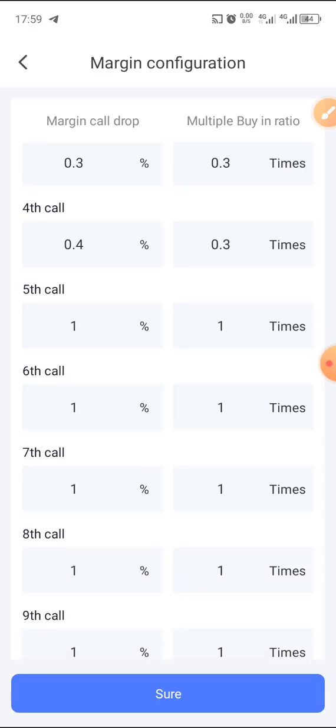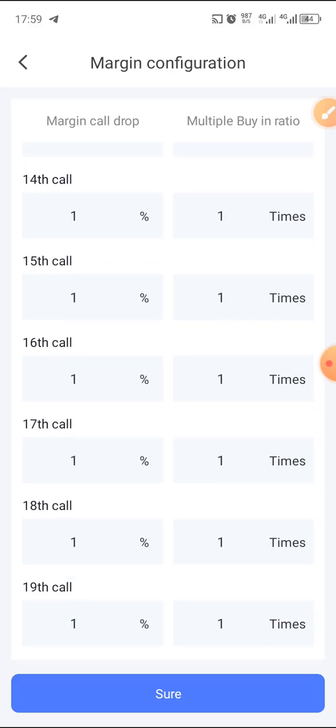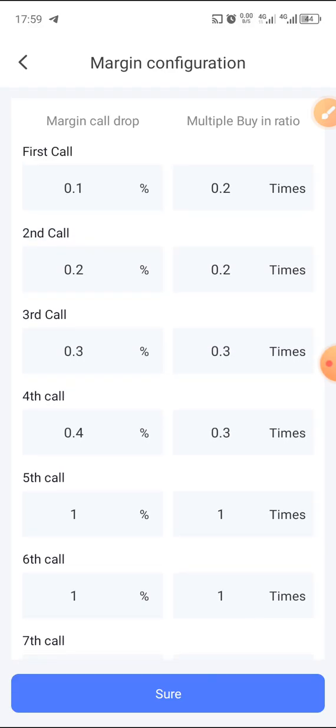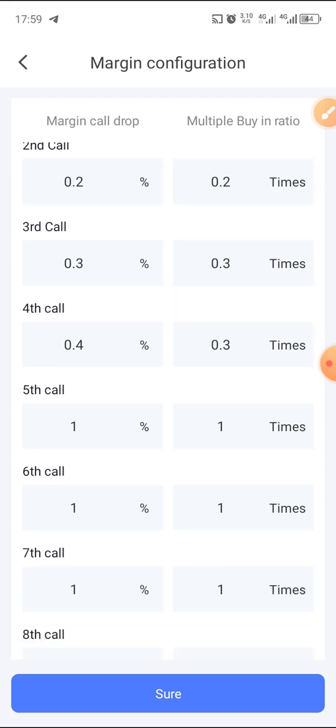How much do you want your robot to put in the market within margin calls from 5 to 19, or to any margin call number you want? How much do you want? I would say 10 or 5, depending on your capital.